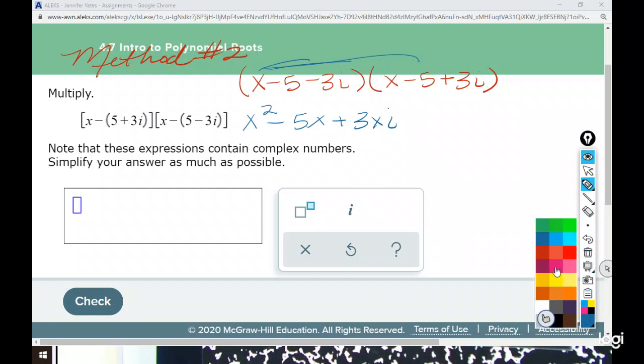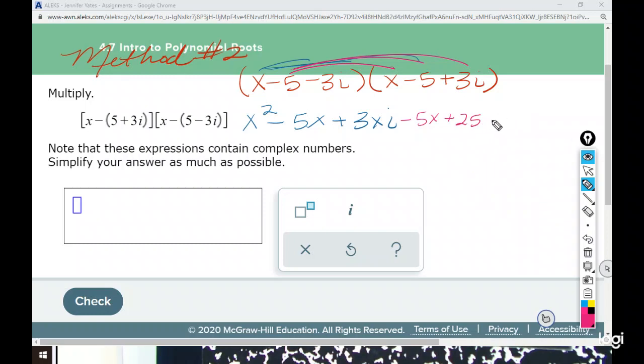I'm still going to run out of room. I'm not writing small enough. Now we're going to take the negative 5. We're going to do the same thing. Negative 5x plus 25. I lost where I was. Did I miss something? I didn't? I feel like I did. All right, we're going to do the color orange. We're going to take the negative 3i.